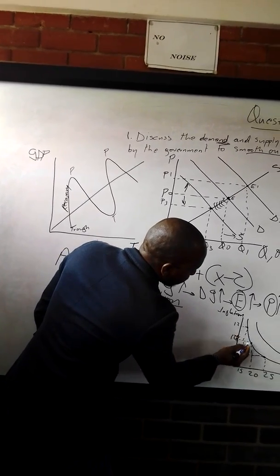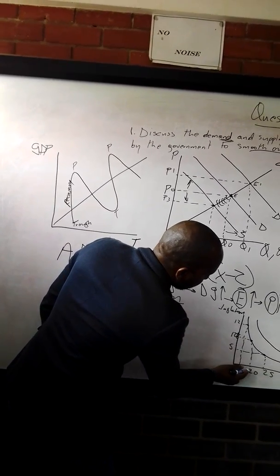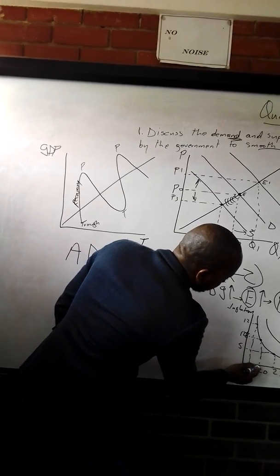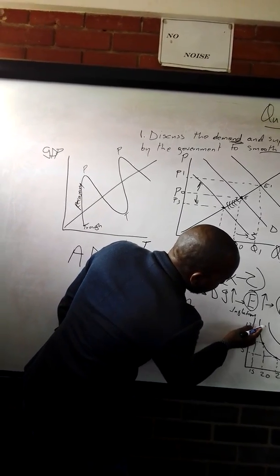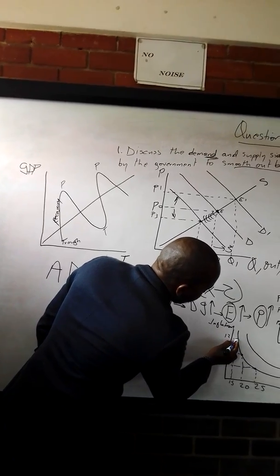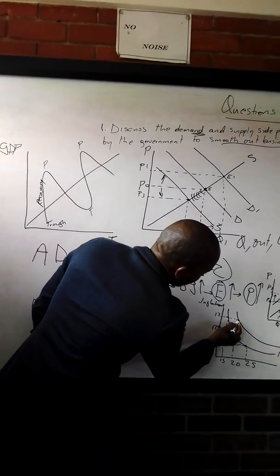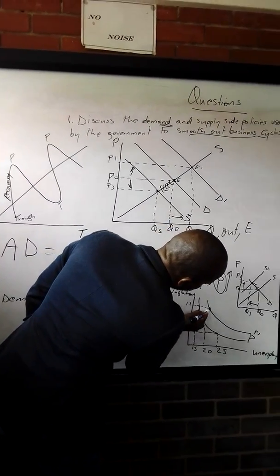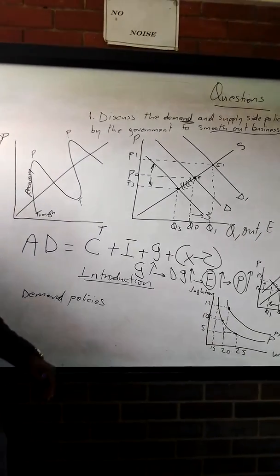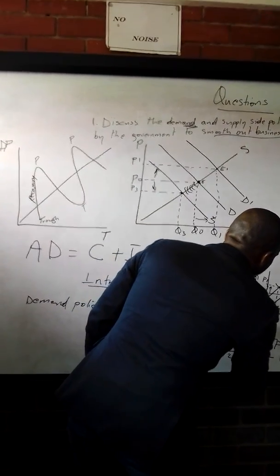You can see the levels of unemployment were at this point, but then when the inflation rises, we can see an increase in inflation followed by an increase in the unemployment rate. So this is called stagflation.